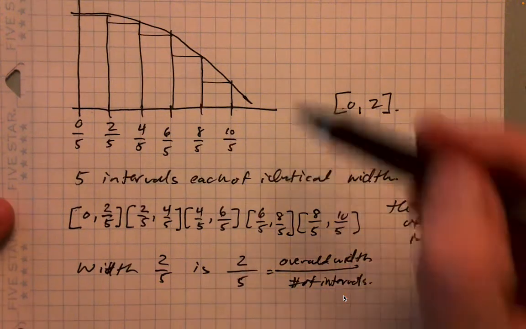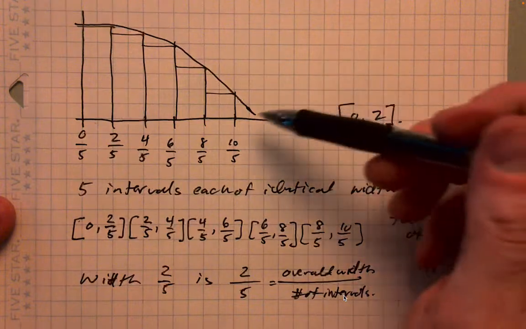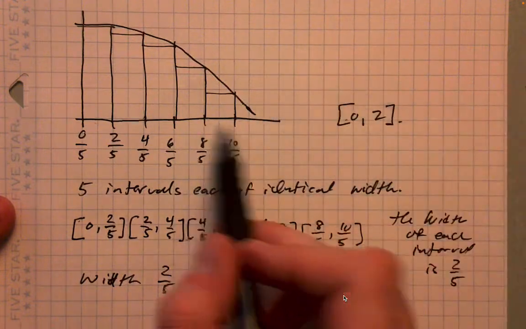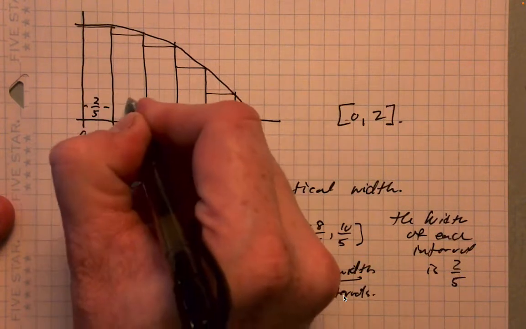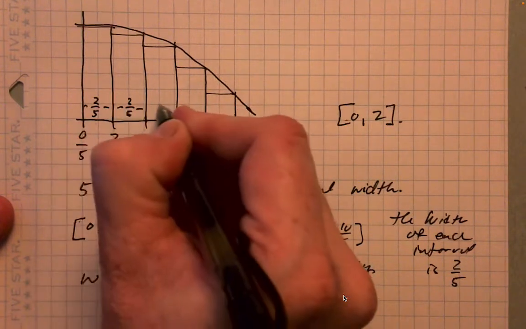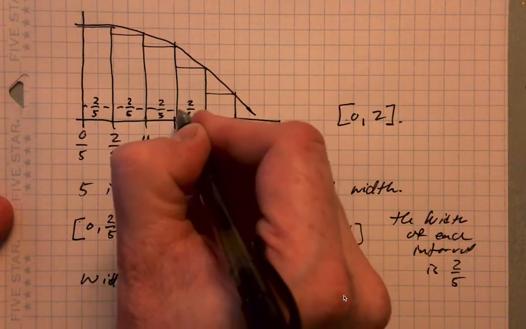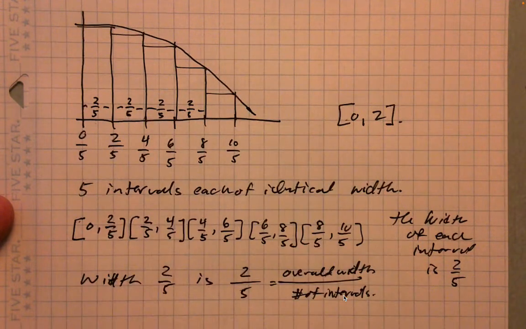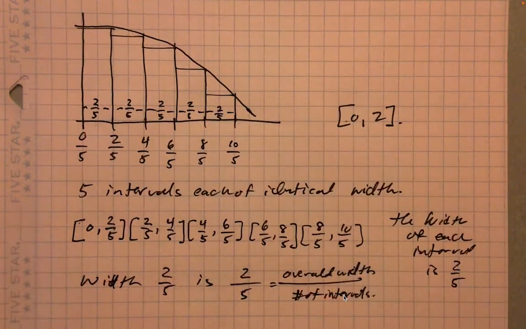Now, how would we figure out the height of each rectangle? Obviously the width is 2/5 for each of these. We can see that. You could subtract any of these two numbers and clearly get 2/5. But how do we know the height of the rectangle?